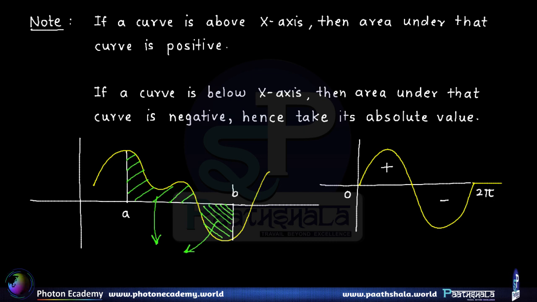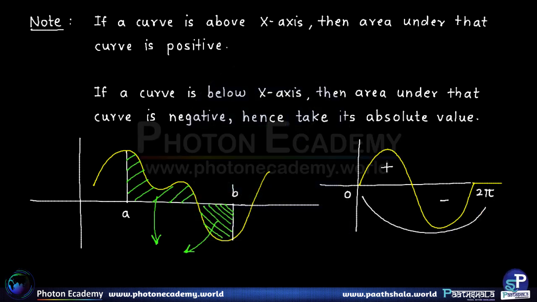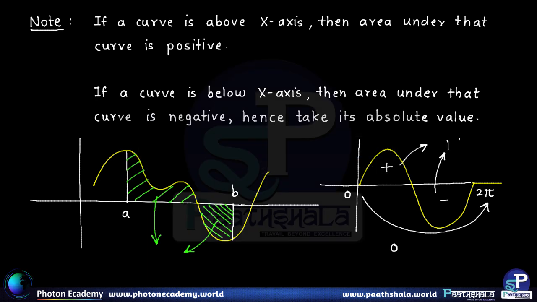So if we just straight away integrate from 0 to 2 pi, we will get the answer as 0, simply because positive and negative areas will cancel each other. So therefore, to avoid that, we take the positive area as it is, and for the negative area we consider the absolute value, that is modulus.